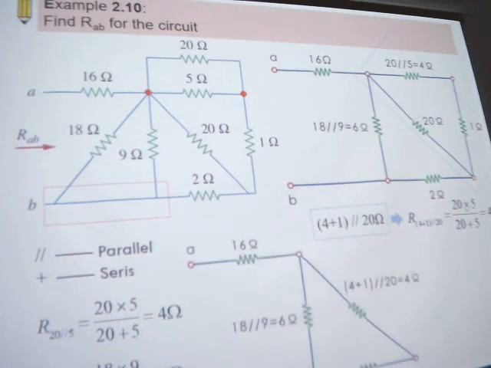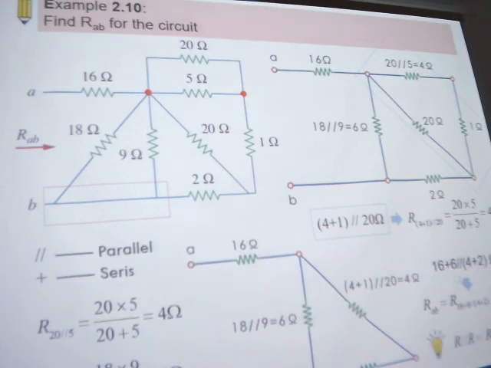And then we get this one plus 5, right? And 20 times 5 over 20 plus 5. And we get 4. So we redraw it again. It's like this. And then it's clear those 2 are in series and those 2 in parallel.